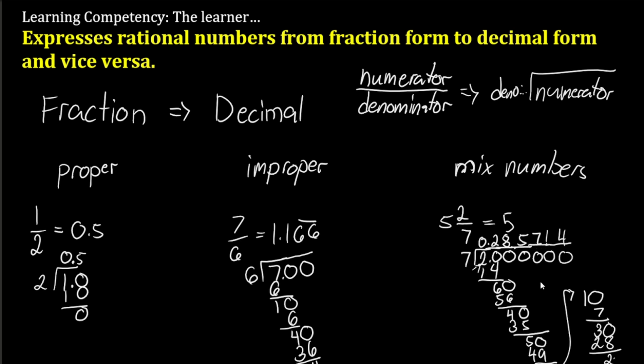This whole sequence is going to repeat, so we can just say 5 and 2/7 is just 5.2857142857 repeating. Or we can just overline this whole sequence. That's it.